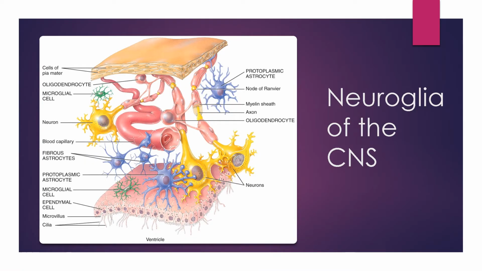So here we can see a general picture of some neurons with their associated neuroglia surrounding them. First off, let's look at some astrocytes. These are the blue cells here. There are a couple different types of astrocytes, which we'll go over. But these are very star-shaped cells.